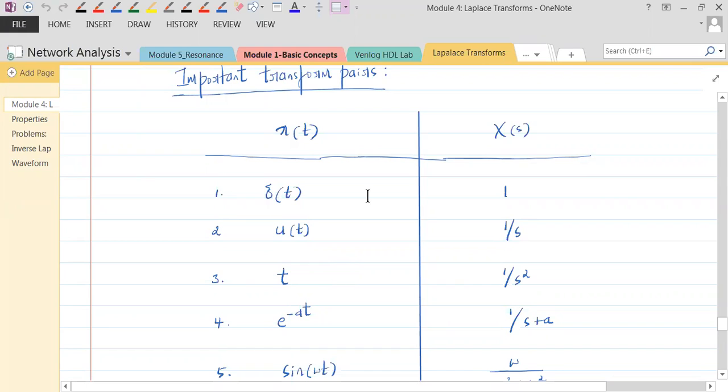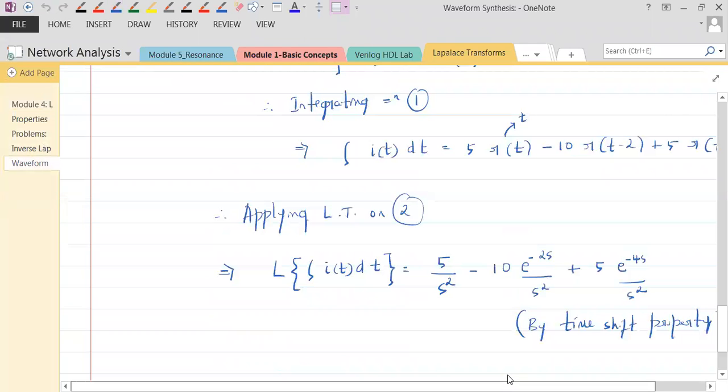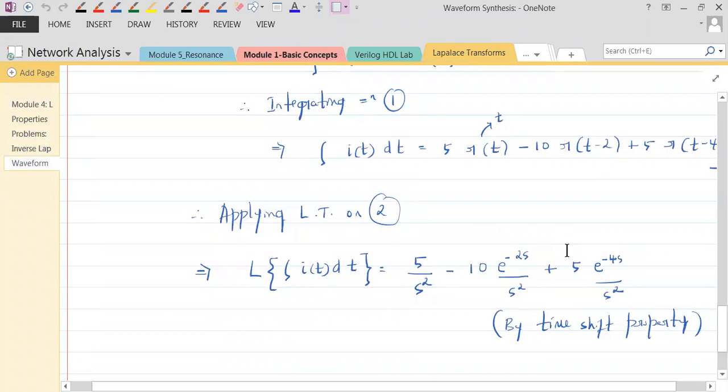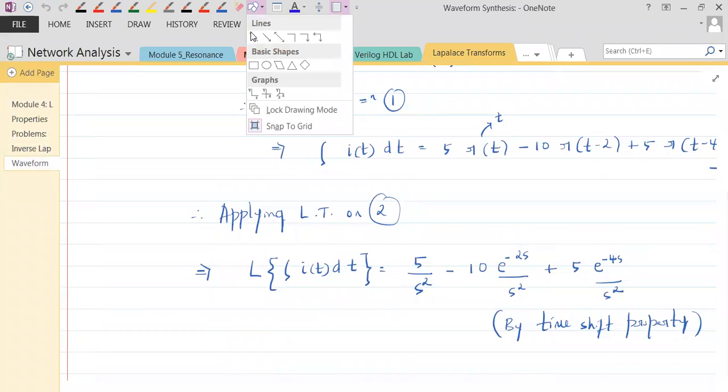T is your r of t, the unit ramp. That is why, by the time shift property, we are able to write this. Is everybody okay with that?